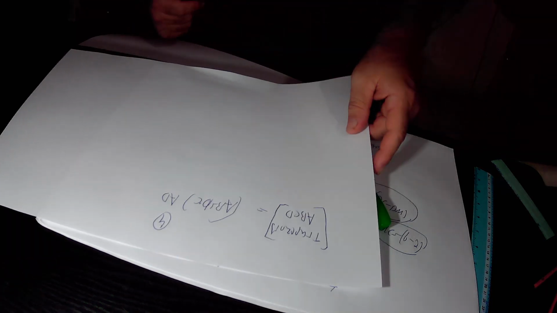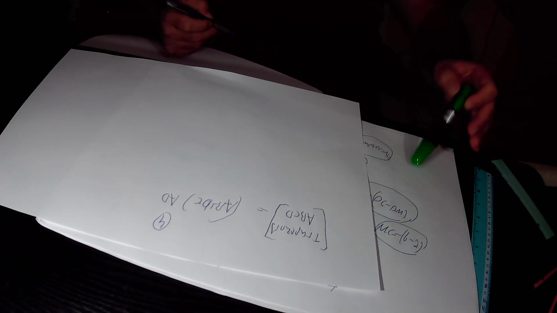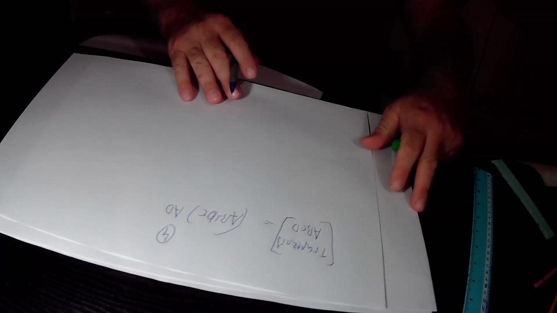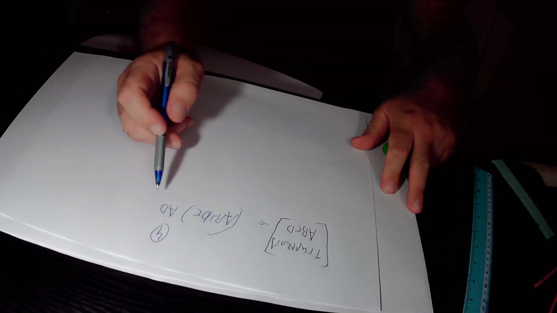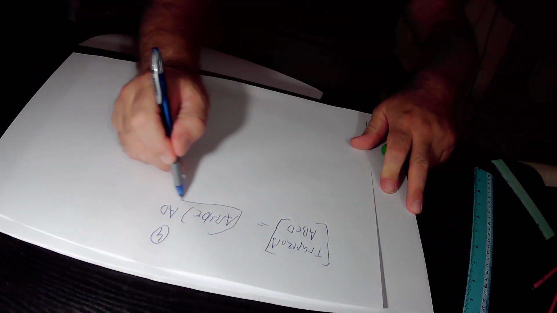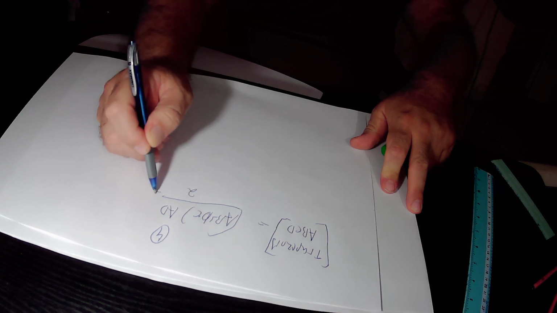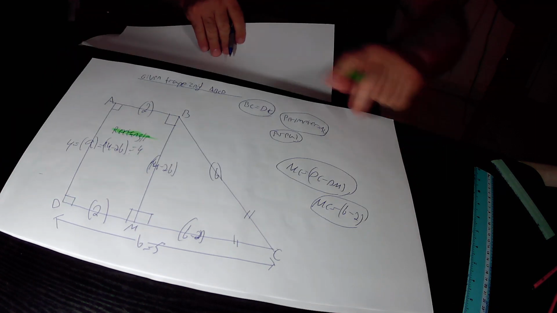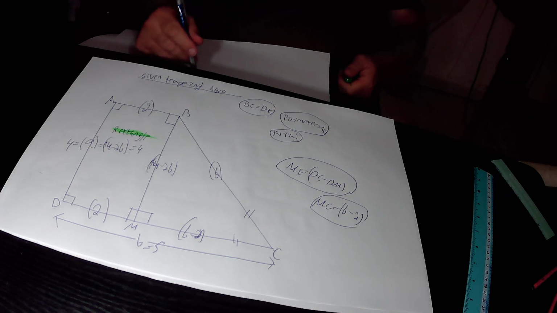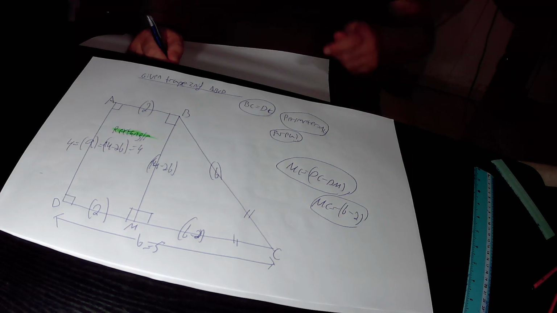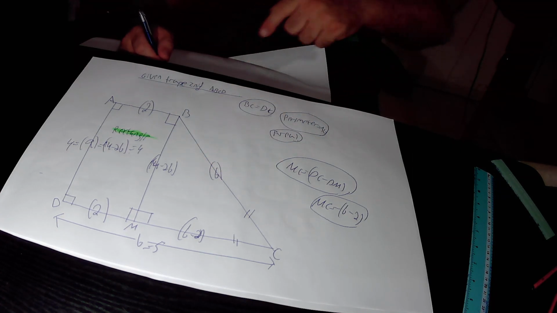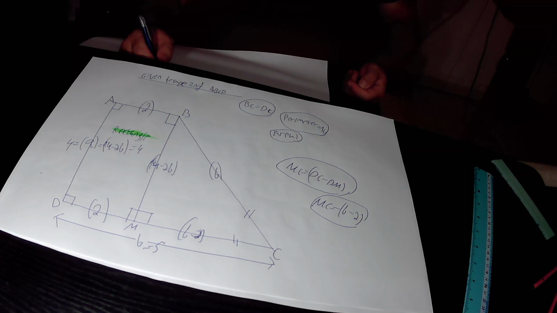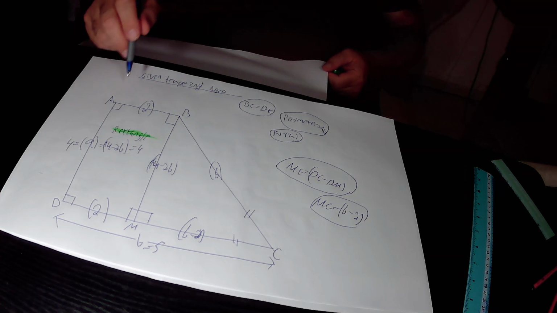So in total, we found out that the area of trapezoid ABCD equals the sum of its two parallel bases, that is actually AB plus DC, times the height AD divided by 2. AB is 2 according to what is given in the question, plus DC. DC is B and B is 5. So this is 5 times AD.